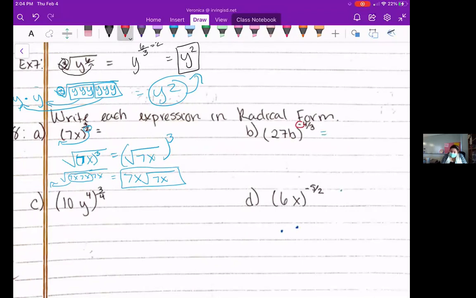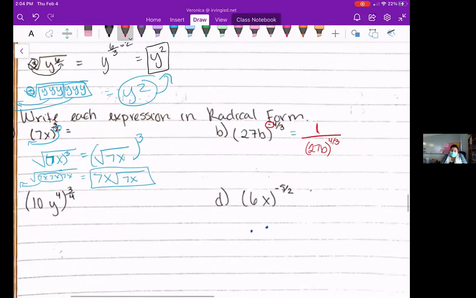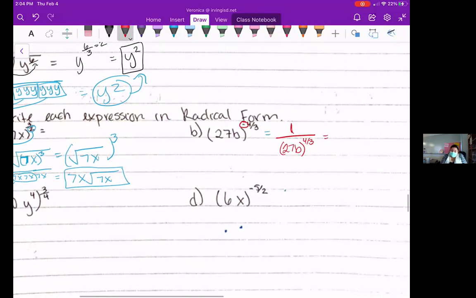We see a negative here. So we're going to throw it to the other side. So 27b to the power of 4 over 3. And we're just going to have a 1 on top. And we'll talk about why or where that 1 comes from, if you don't understand why that 1's there, next time I see you, which will be Monday. Now, keep converting this or not.